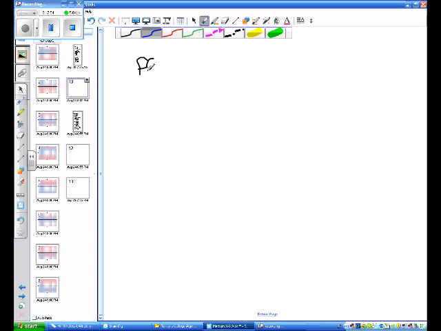Let's take that f of x is equal to the square root of x minus 3, and g of x is equal to the square root of x plus 1. Okay, we need to go through and consider what our domain is.